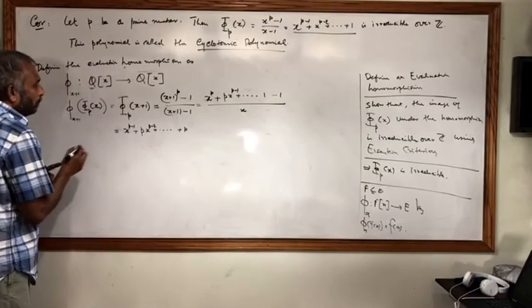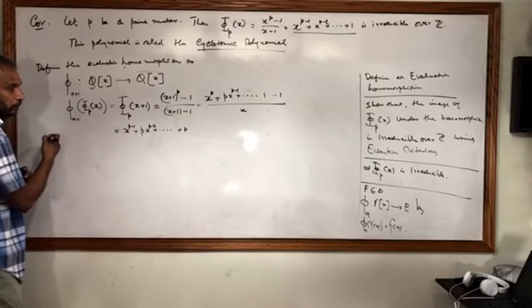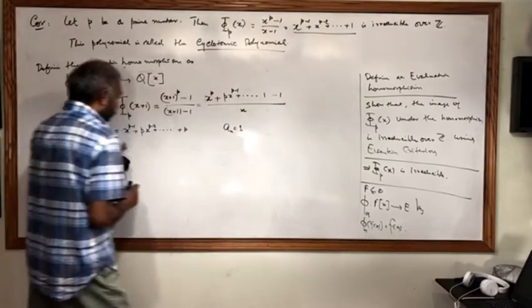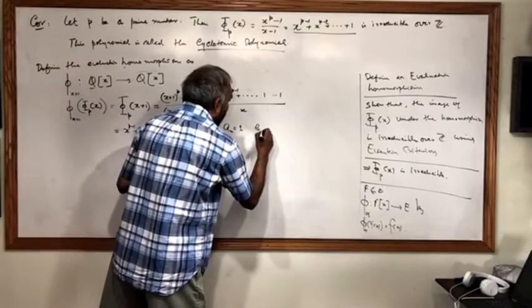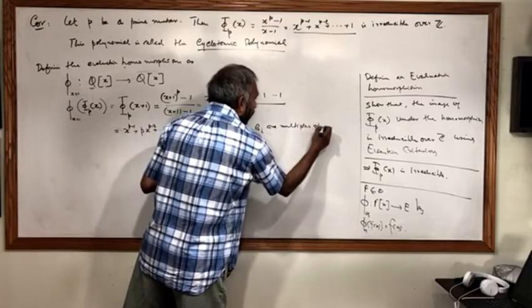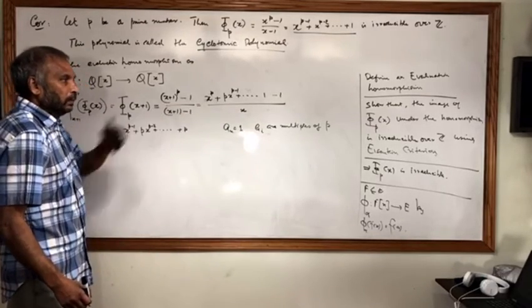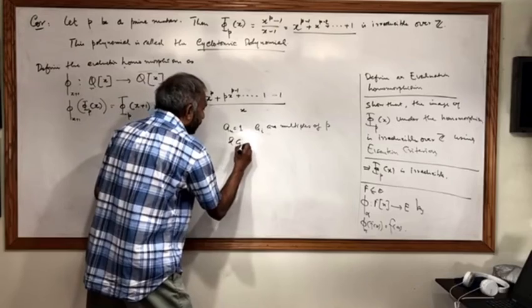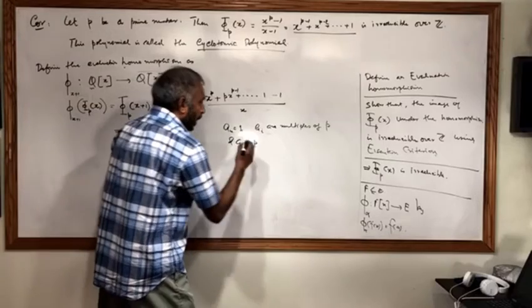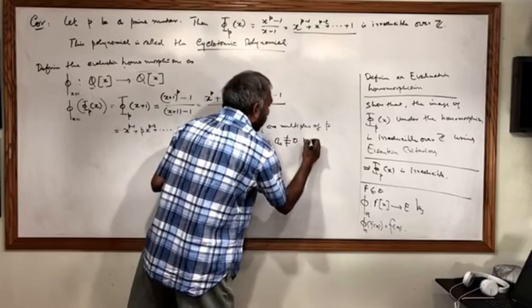See, now we are going to apply Eisenstein's condition with the prime number as p. So here a_n is equal to 1 and the a_i's are multiples of p. All a_i's are multiples of p if you expand using the binomial theorem. And a_0 is equal to p, and that means a_0 is different from 0 mod p squared.